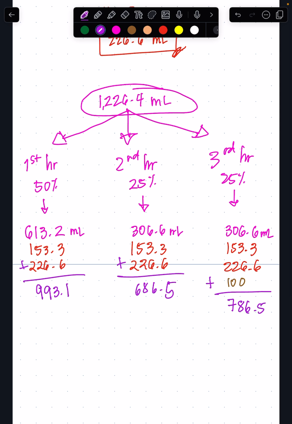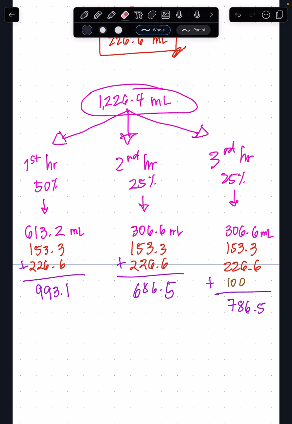786.5. There's another shortcut. Since this and this are the same, you just copy this part and just add 100. So you don't have to plug it all in the calculator.